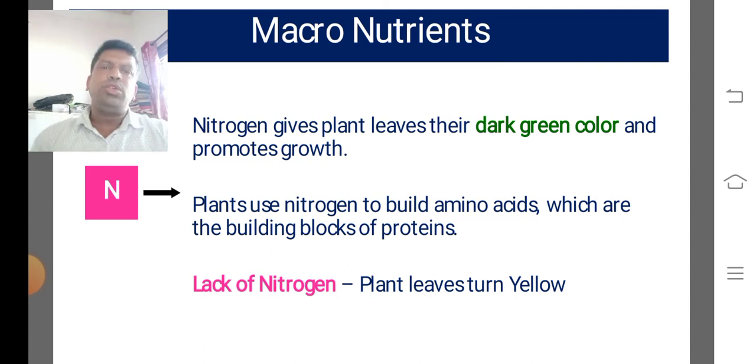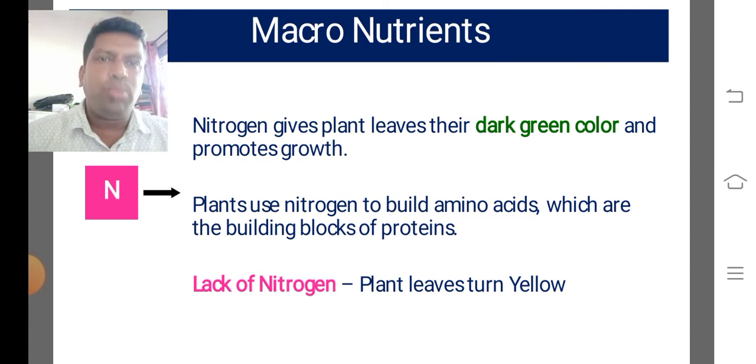Plants also use this nitrogen to build amino acids, and we all know that amino acids are the building blocks of the proteins. And lack of nitrogen leads to the deficiency of plant in terms of leaves turning yellow in color. Sometimes we might have seen some of the plant leaves yellow in color. This is because of the lack of nitrogen.